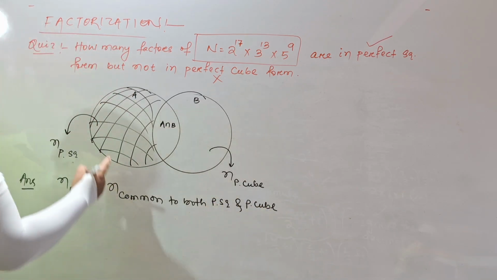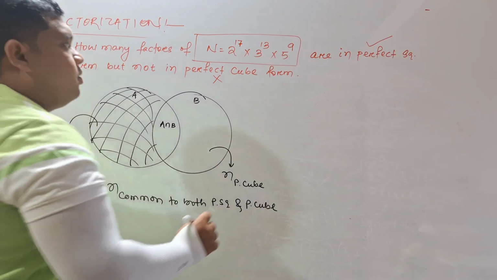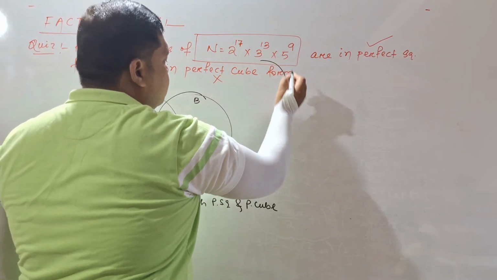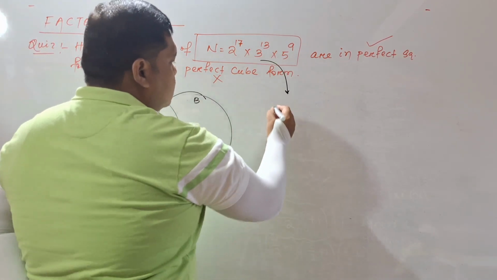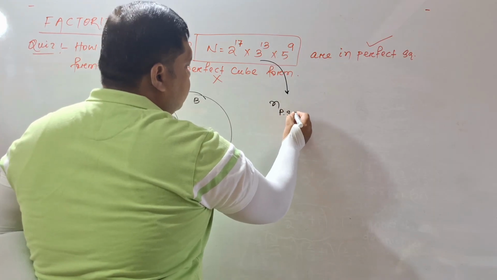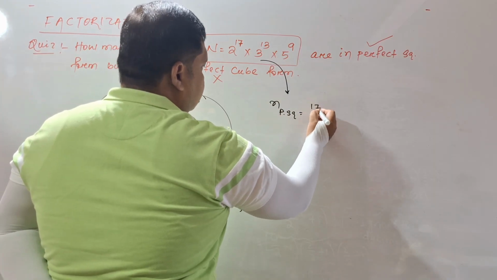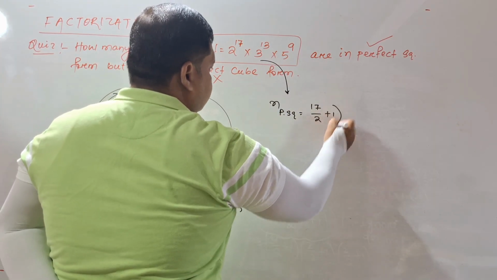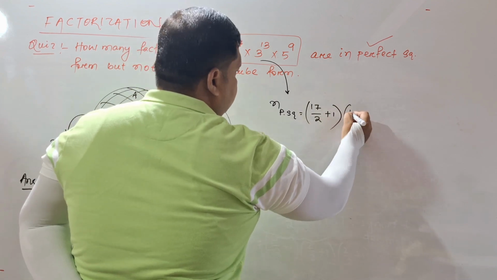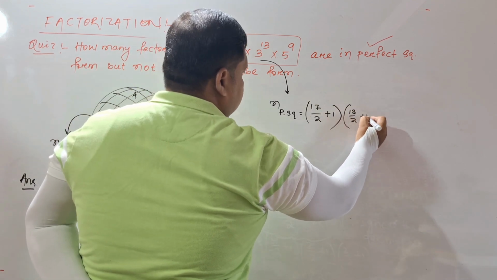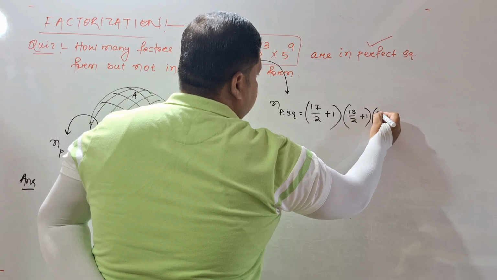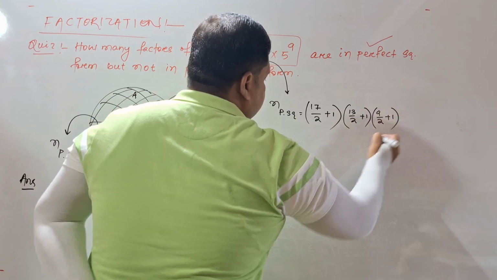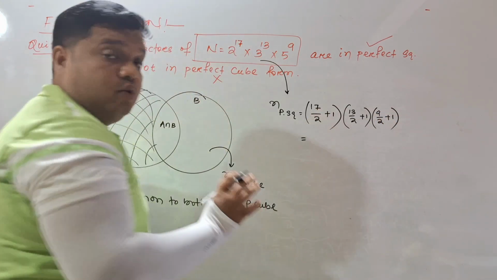So how many factors are in perfect square form? For perfect square, I already provided you the formula, power by 2 plus 1. So here 17 by 2 plus 1, 13 by 2 plus 1, and 9 by 2 plus 1. Ignore the decimal part.